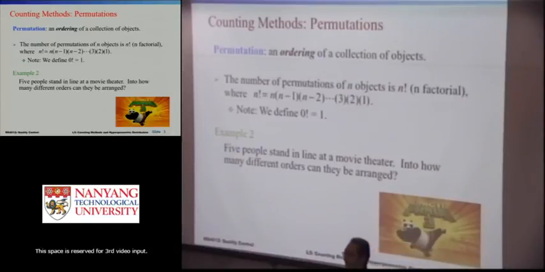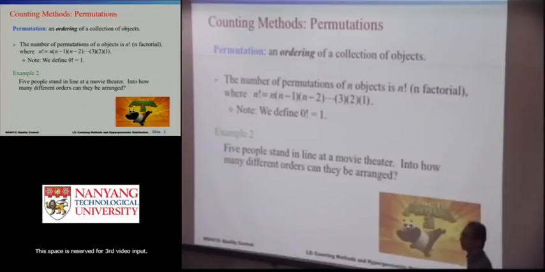If you are A, then you are the first one, or you are the second one, or you are the fifth one. Is it the same or different? Different, because if you are the first one, you can choose any seat that you want, right? If you are the fifth one, the first 4 people have already chosen their seats.